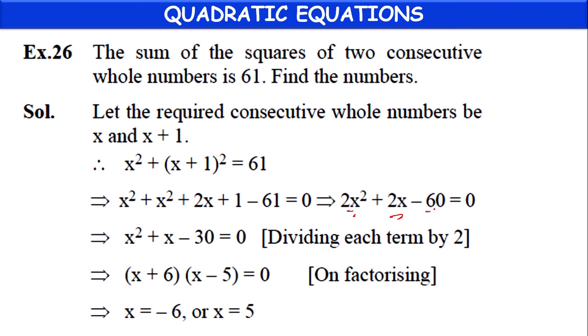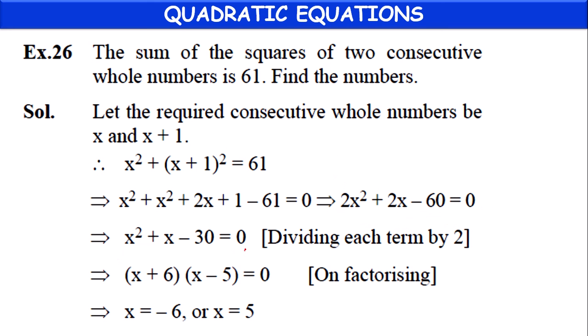So we can take 2 common, or we can divide the entire equation by 2. Why? Because we should always have 1 as the coefficient for the x square term, but here we are having 2. Let's divide all the terms by 2: 2x square by 2, x square; 2x by 2, x; 60 by 2, minus 30; 0 by 2, 0.